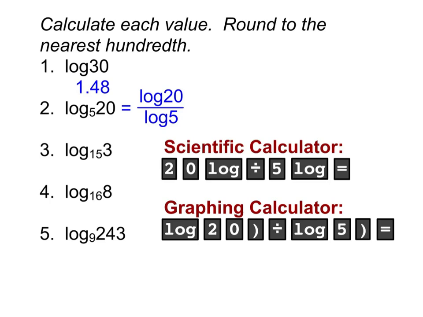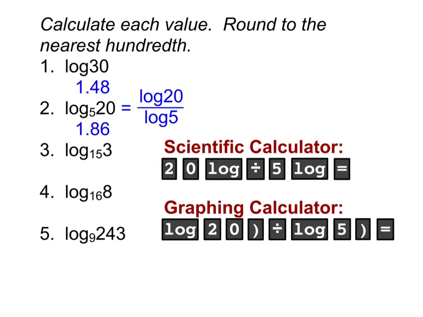It has not yet done the division because it's doing some order of operations work in the background. And so we have to press equals at the end of this sequence in order to tell it to actually do the division that we told it about earlier. On the graphing calculator, you'll notice those parentheses are thrown in there so that we remember that we do need to end the parentheses. Go ahead and do these keystrokes, do this calculation on your calculator now to practice it, and then I'll put up the answer here in just a moment.